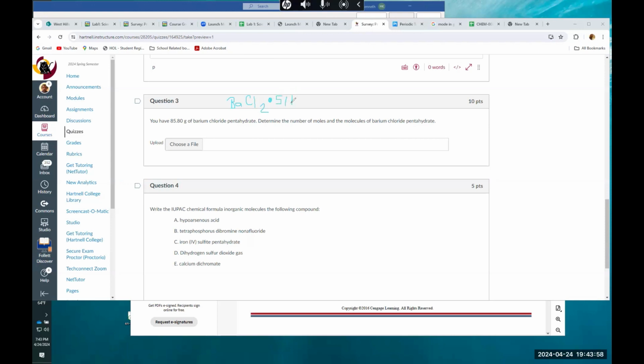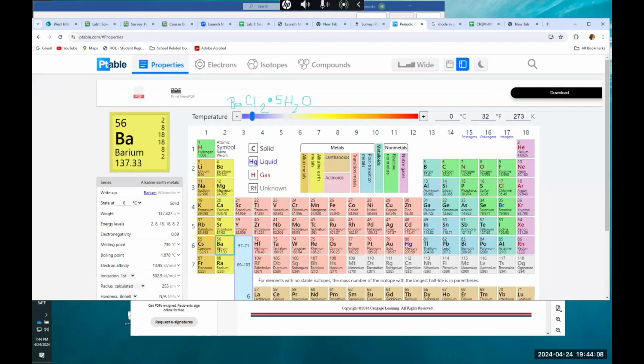H2O. Okay. As we were saying, barium, we know it's a group 2 metal right there. So when it forms an ionic compound, it's going to be a +2 charge. And we know that chlorine in group 17, which is 1 away from the noble gas, is going to be a -1. So when they come together, they have to balance out to 0.